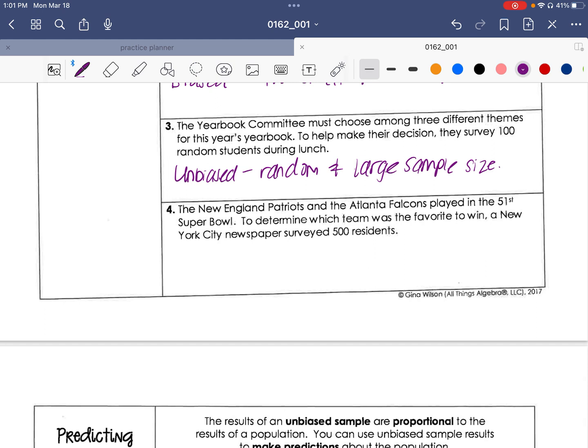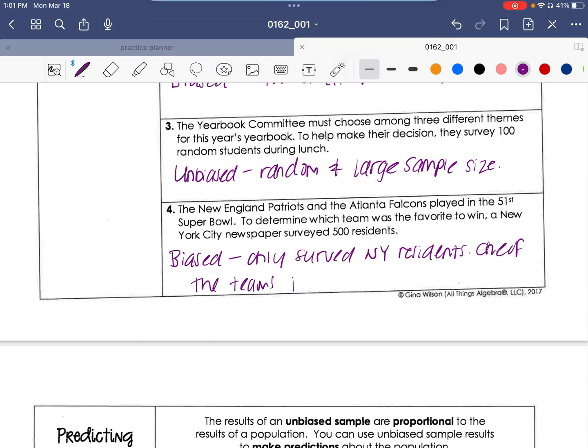This is biased. It only surveyed New York residents. And one of the teams is from New York. So, of course, most likely they would choose the New York team.